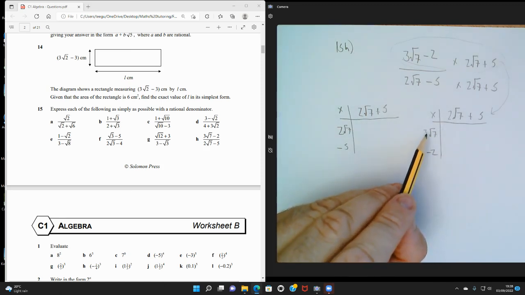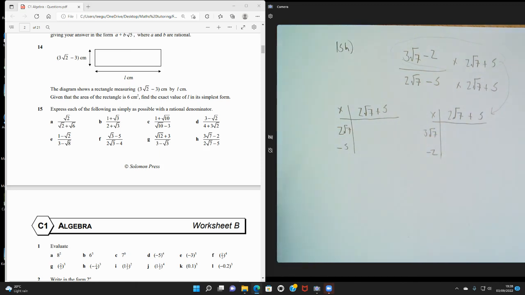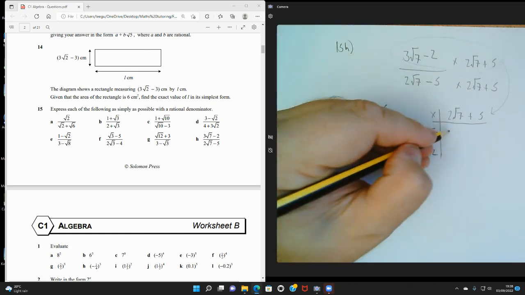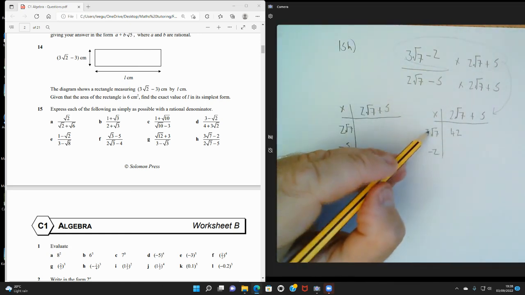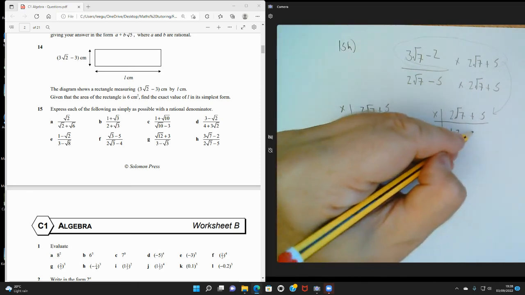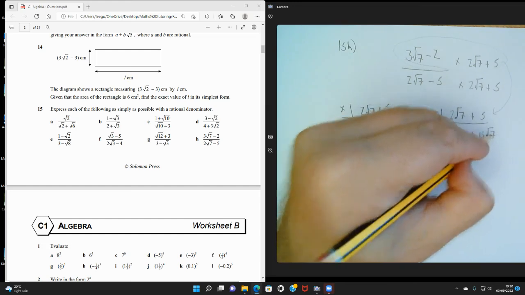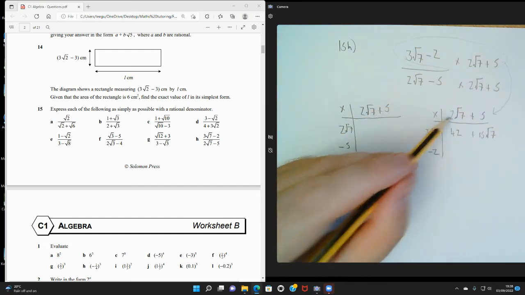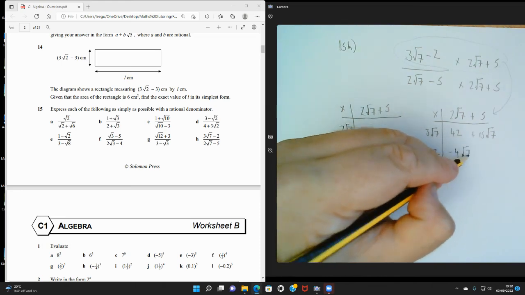So we have got 3 times 2 is 6, √7 times √7 is 7, and 6 times 7 is 42. So 42 goes there. 3√7 times 5 is plus 15√7. And minus 2 times 2√7 is minus 4√7.